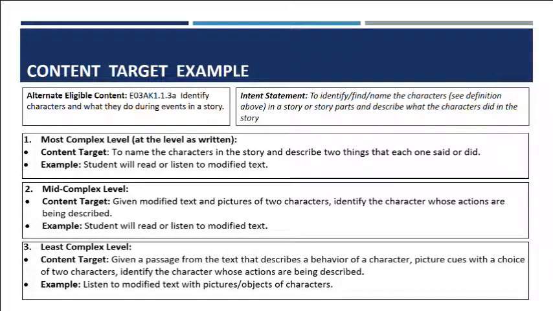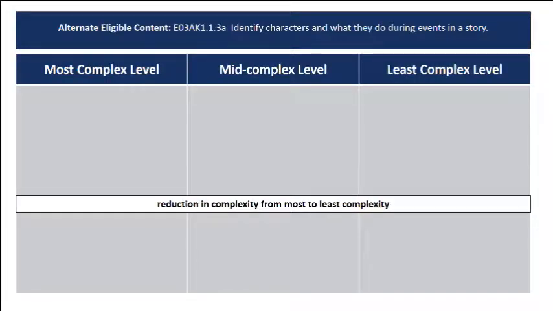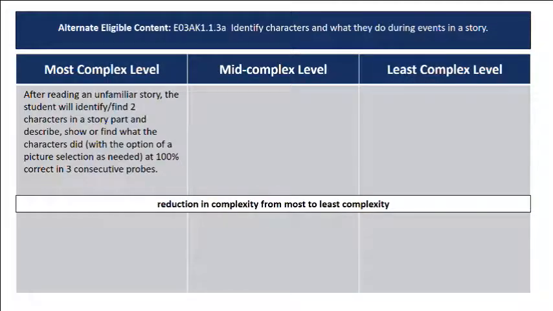So if we wanted to put some mastery criteria, some really student-specific ways that I'm going to know the student has completed this, I could have the student be able to do that 100% in 3 consecutive probes. I would not need to write it out formally.